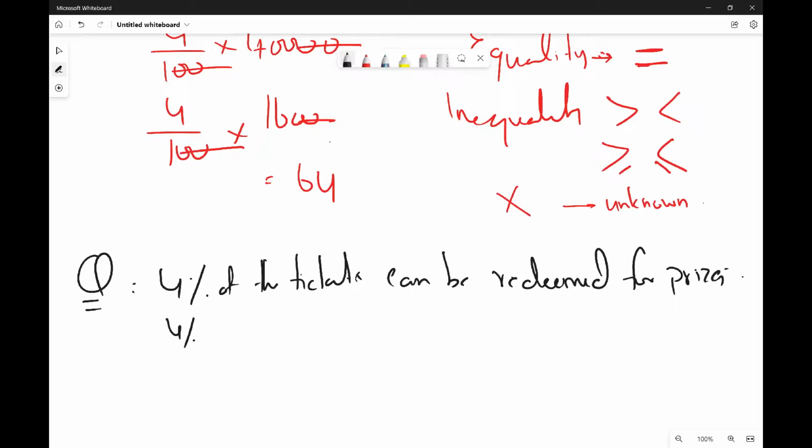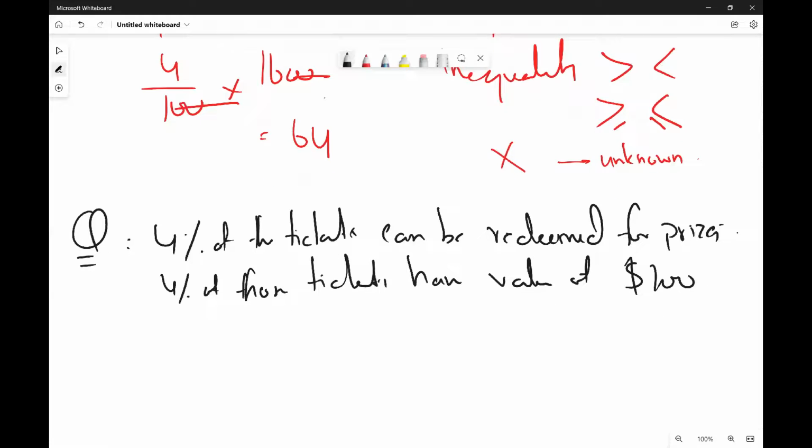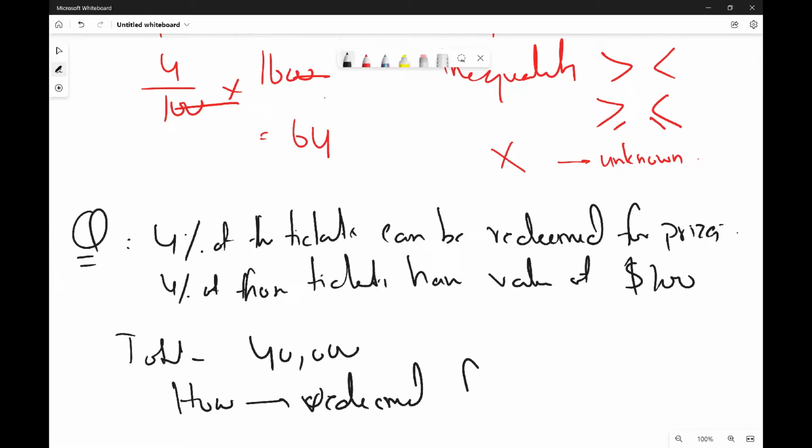So 4% of those tickets, यानी जो हमने redeem कर लिए, have value of $100. If let's say there are a total of 40,000 tickets, how many can be redeemed for more than $100?